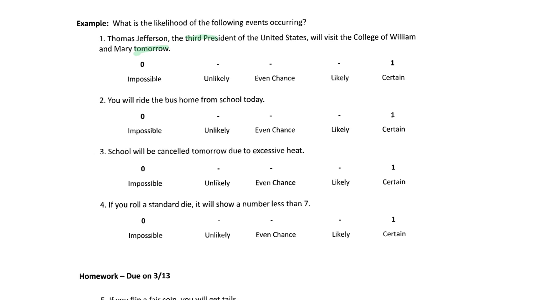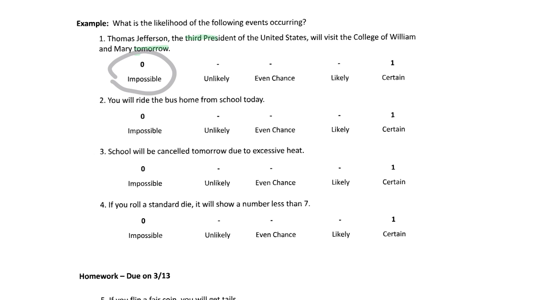So that's at least 80 some years ago, but it's more than that. I'll tell you, it's about 100, 150. Okay, so he lived about 150 years ago. So I know that it is impossible for him to show up at the College of William and Mary tomorrow because he's passed away. Okay, he is deceased, so there's no way.